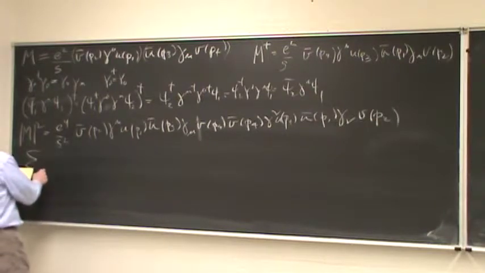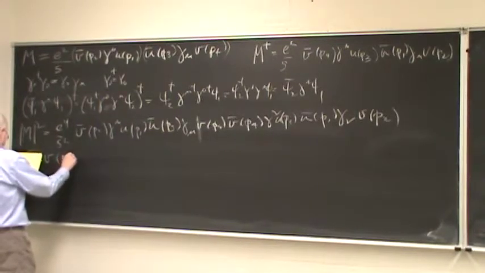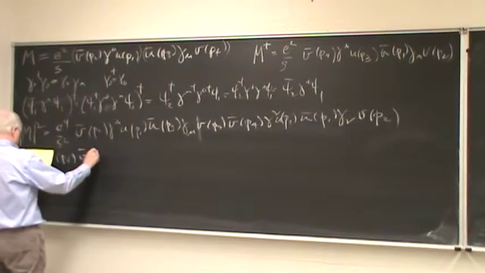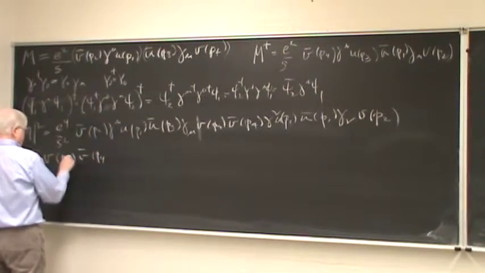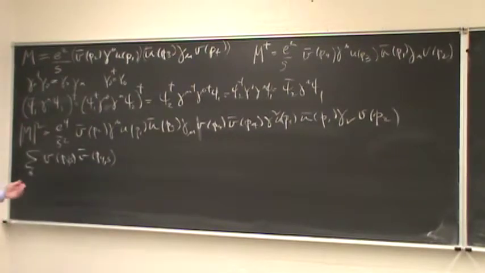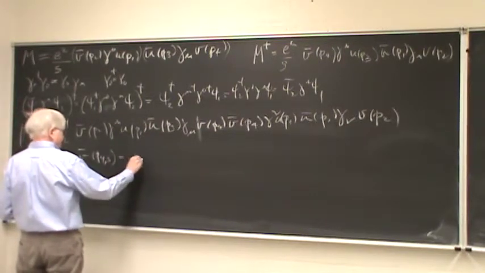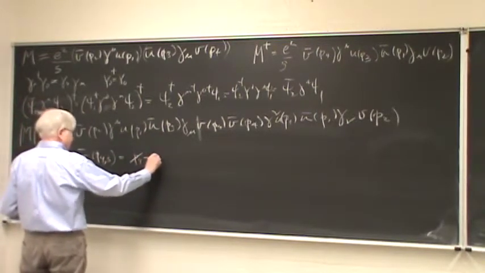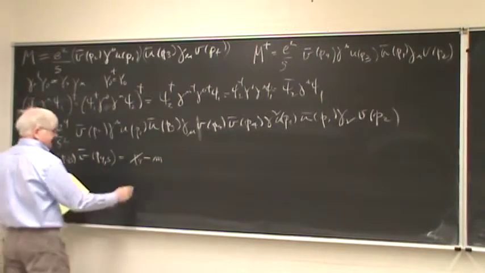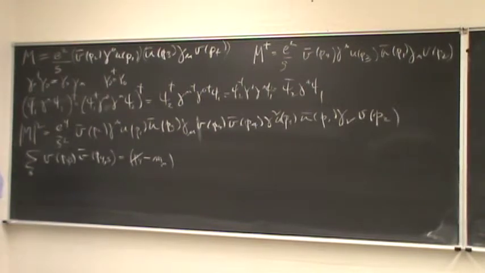What we have is the sum of V of, let us say, P4, V bar of P4, and now s. So I'm putting s back in. I suppressed what the spin index was. If we sum over s, what does this give us? Well, it gives us something quite nice. It gives us P4 slash minus M.